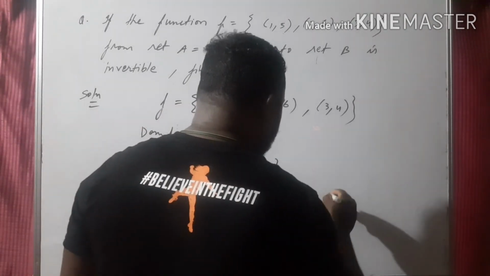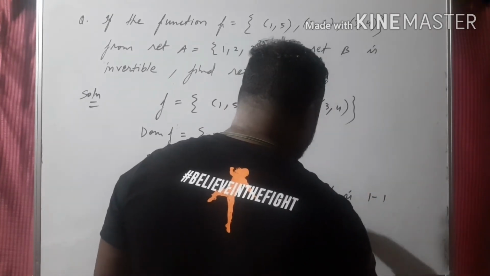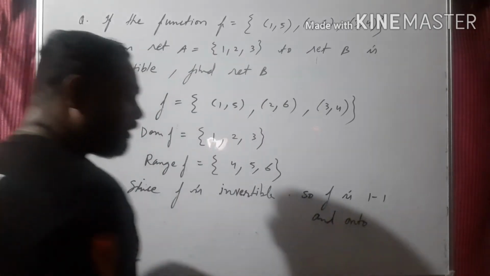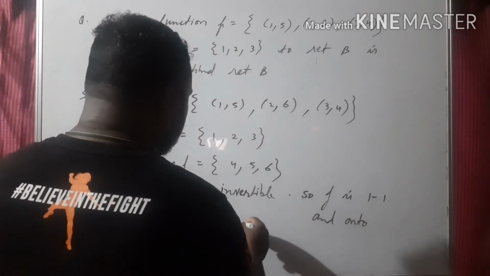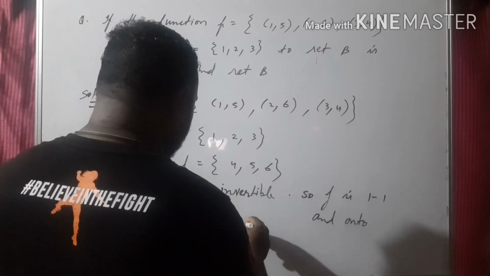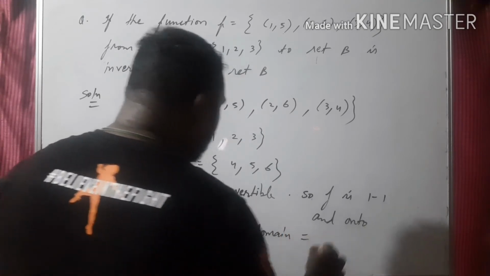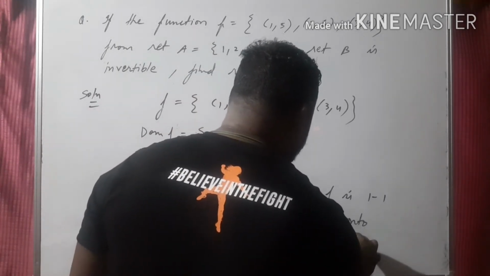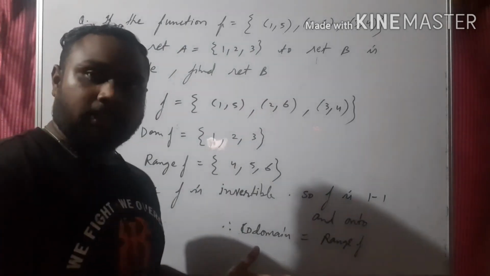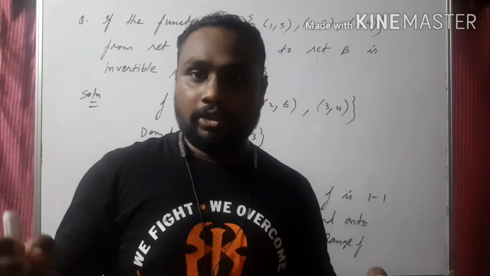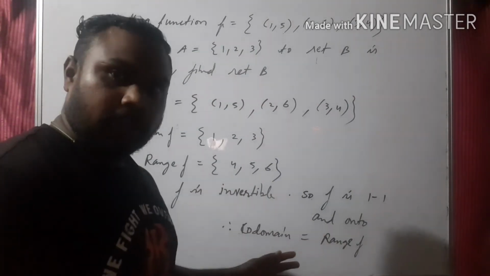So I can write f is one-one and onto, and since f is onto, therefore the codomain will be equal to the range of f, isn't it? Onto means what? In a function, when the codomain is equal to the range of f, only then can we tell that it is onto, isn't it? So that is the condition.